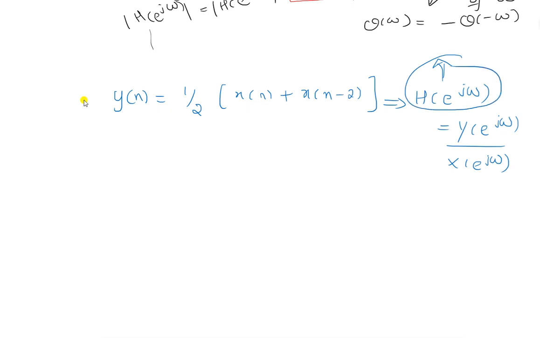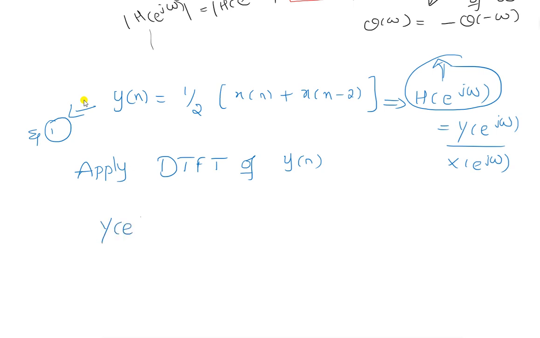For that, you should apply the discrete Fourier transform of this given function. Let us say this is equation number 1. Apply the discrete Fourier transform of y of n, which is given by Y of e to the power of j omega equal to sigma, n equal to minus infinity to infinity, y of n into e to the power of minus j omega n.